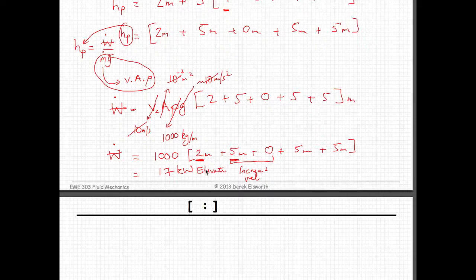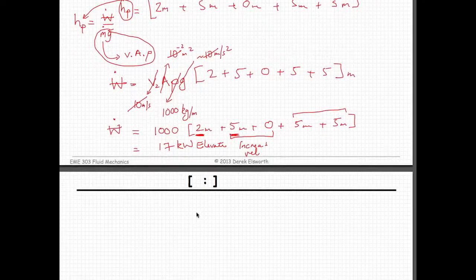If you have a perfect system with no losses, which would be 7 kilowatts, just the addition of these two.